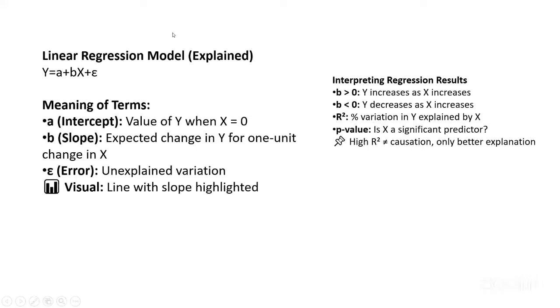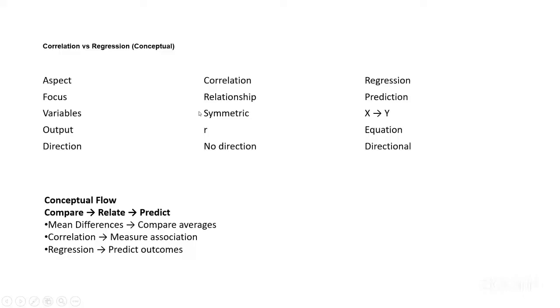You can't put x equal to a plus by plus epsilon here. You have to put the dependent variable on the left side and the independent variable on the right, like y equal to a plus bx plus epsilon. You can't exchange the positions of x and y. It is not symmetric. What you can do in correlation is not allowed in regression. What is the output for correlation?